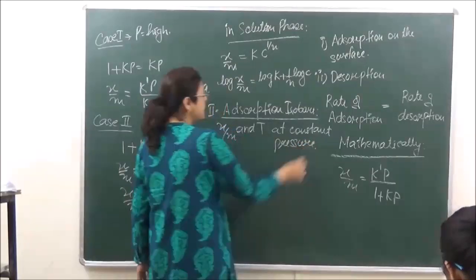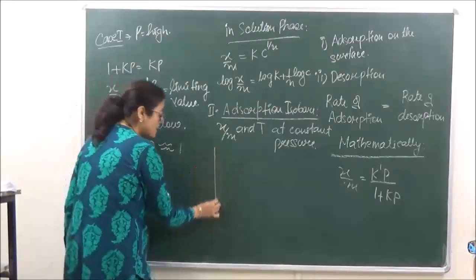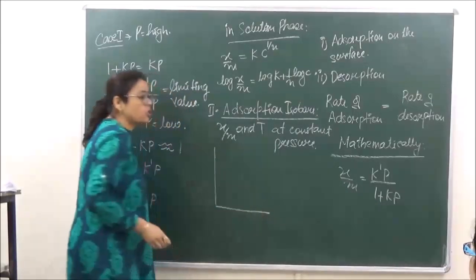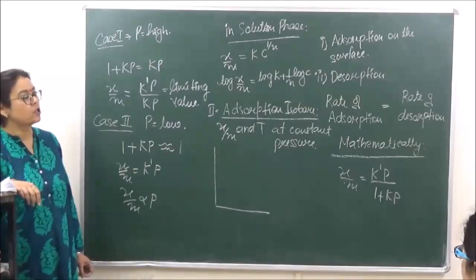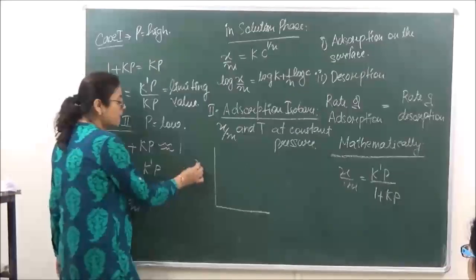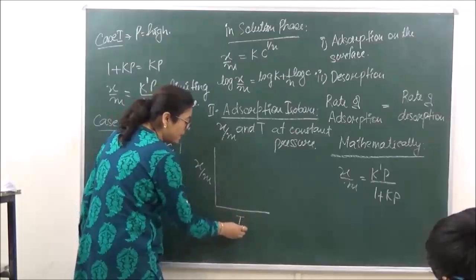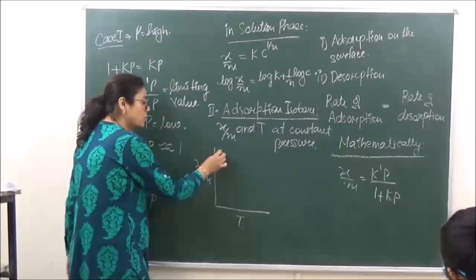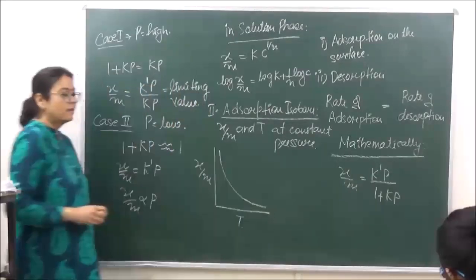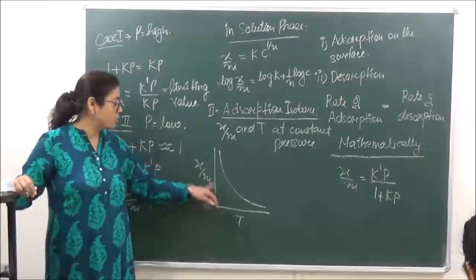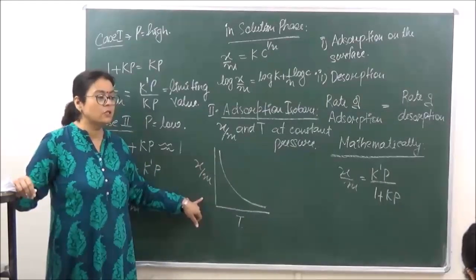It can be seen that adsorption isobars give us different graphical representations for both physical and chemical adsorption. So if we are plotting a graph for physical adsorption between x by m and temperature at constant pressure, the graph comes like this. That is, with increase in temperature, the extent of adsorption keeps on decreasing. This is the graph for physical adsorption.